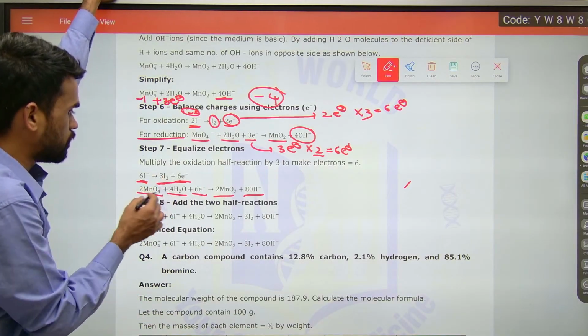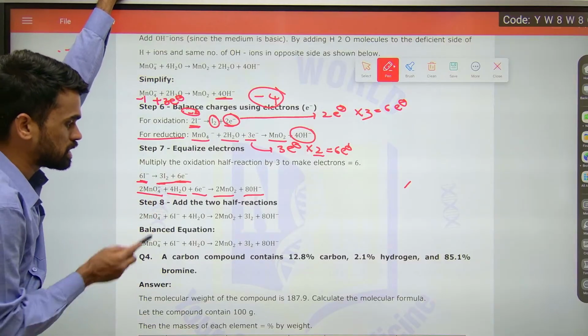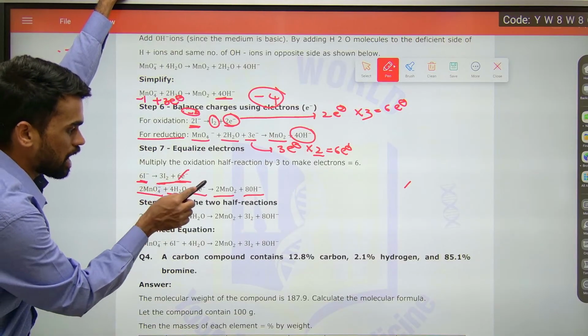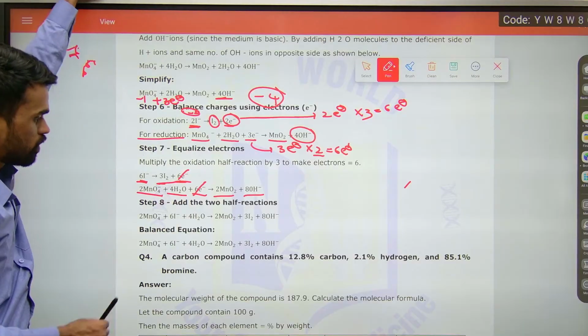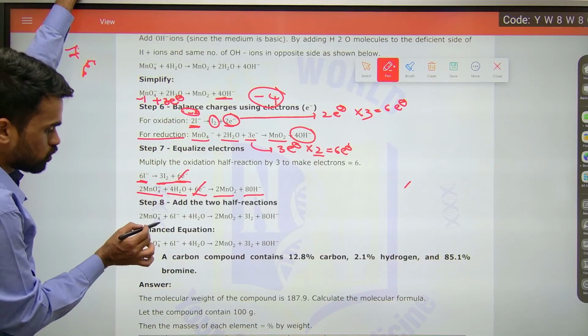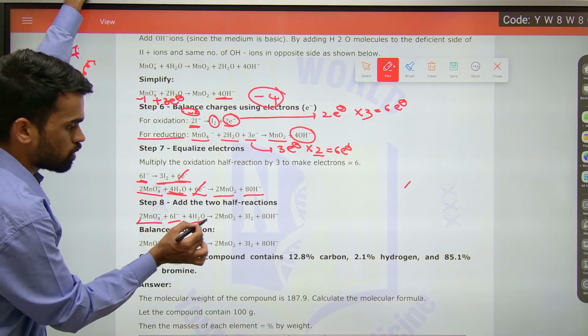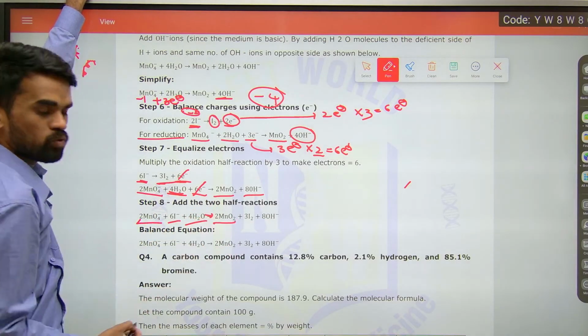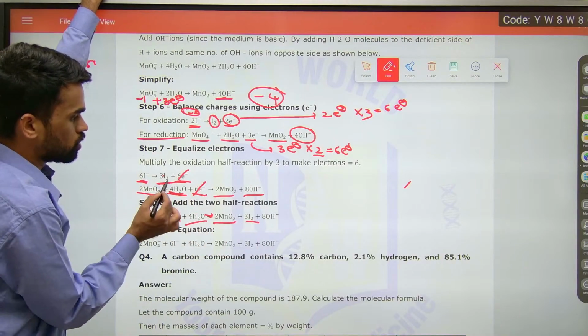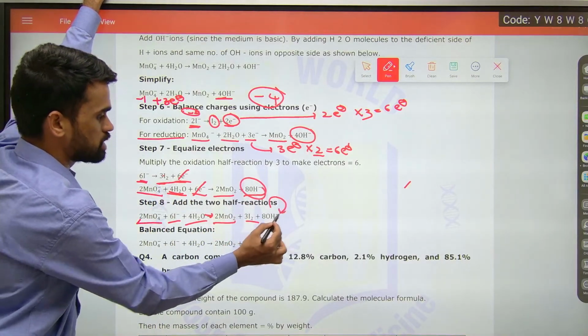Now just add those 2 equations. See, product side 6 electrons, reactant side 6 electrons, remove. So what are we remaining with? 2 MnO4 minus, 6 iodide ions plus 4H2O giving rise to 2 MnO2 plus 3I2 plus 8 OH minus. This is our final equation.